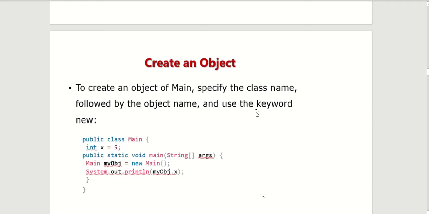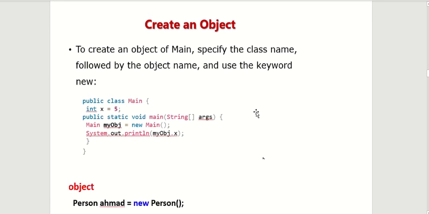To create an object, follow this example. First, we have a class which is Main, and the class Main includes the variable x, which is equal to 5. Then we have public static void main.